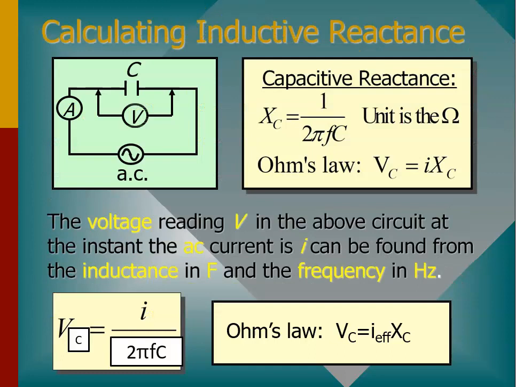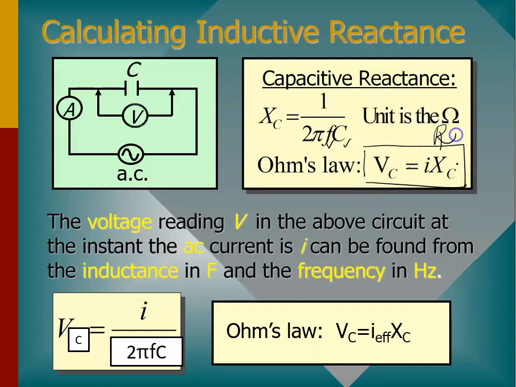So the calculation of XC is a little different from XL just now. XL is 2 pi times the frequency times the inductance. Differently, XC is equal to 1 over 2 pi times the frequency times the value of capacitance of the capacitor. And when we relate the value of capacitive reactance with the value of voltage in your circuit, it is written as this Ohm's law.